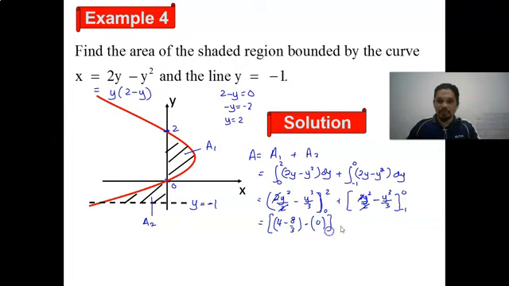Plus, substitute with 0 here and here, everything is 0, minus, and substitute with negative 1. Negative 1 squared is 1, minus negative 1 cube, negative 1 divided by 3.